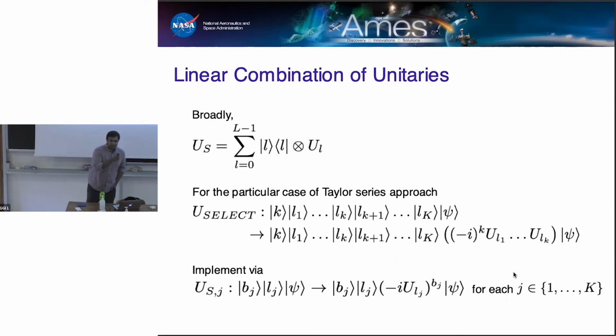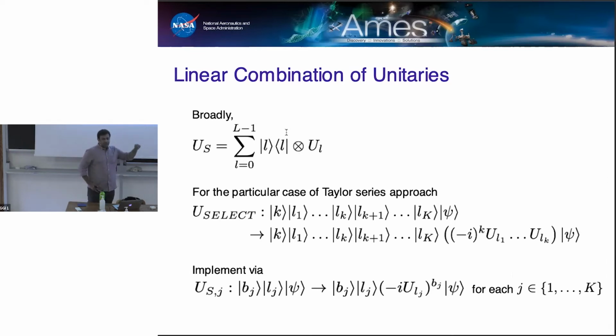Previously, I had talked about, in full generality, how the select part of LCU basically conditions itself on the ancillary register being in some state L, where these values run from 0 through L minus 1, L being the number of terms in the Hamiltonian sum, and U_L being the actual terms in the Hamiltonian sum.